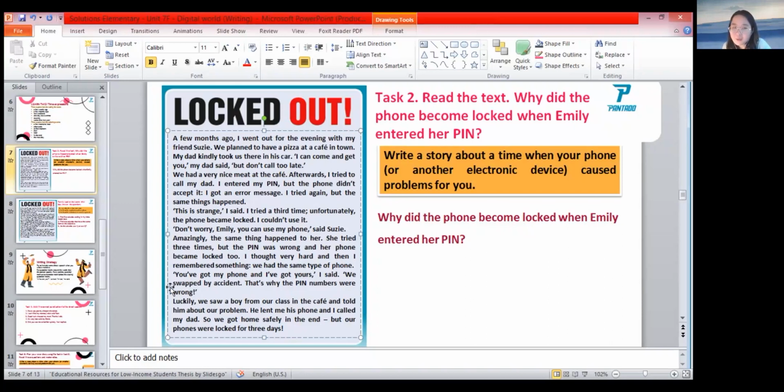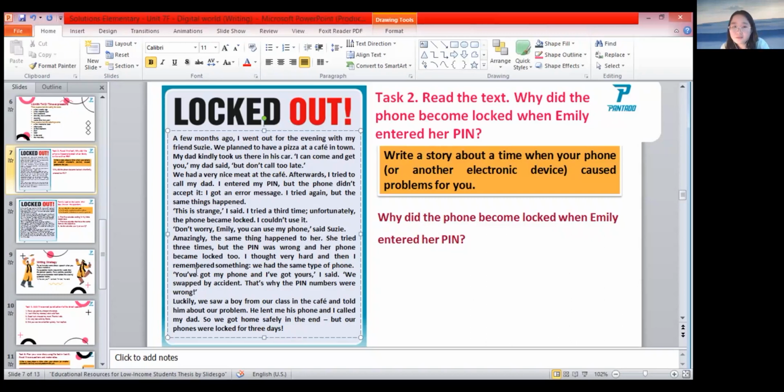So we have the word swap. Okay, they swapped their phones by accident, and Emily entered the PIN 3 times so that it locked.